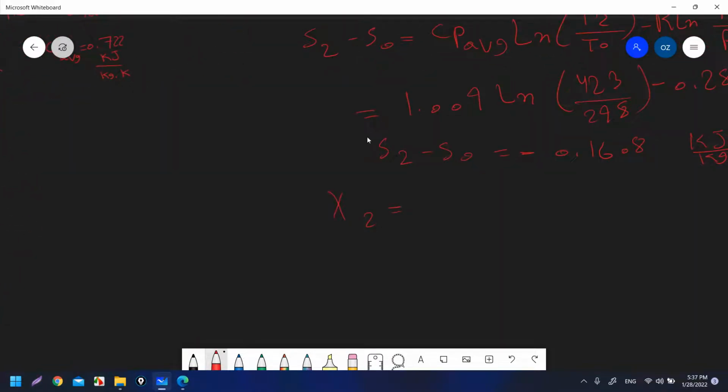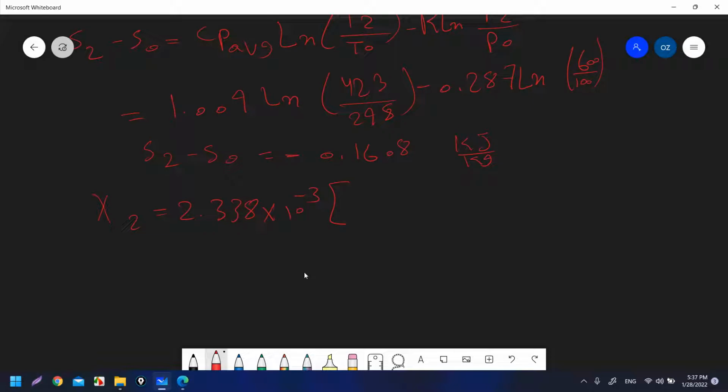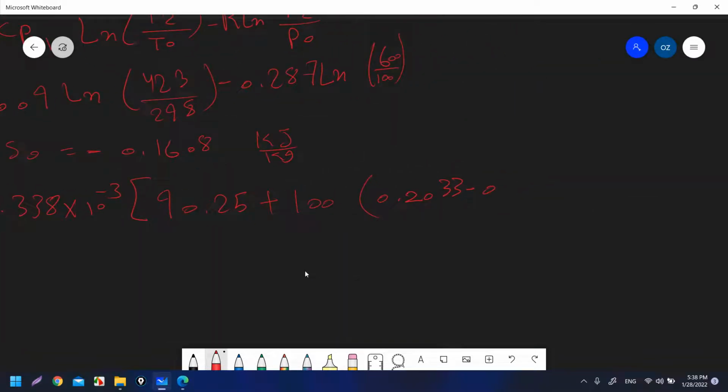So X2 is equal to the mass 2.338 times 10 to the power negative 3, the difference in delta U we calculated 90.25, that is Cv delta T, plus the pressure 100 kilopascal, the difference in volume we calculated, 0.2033 minus 0.85526, minus T naught 298 times the difference in entropy, s2 minus s naught, negative 0.1608.